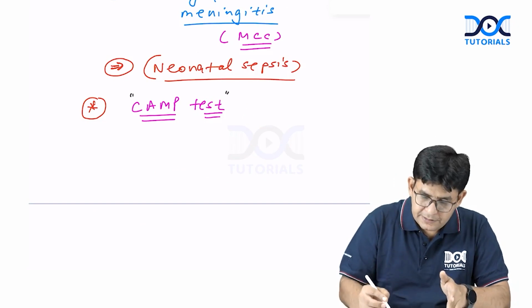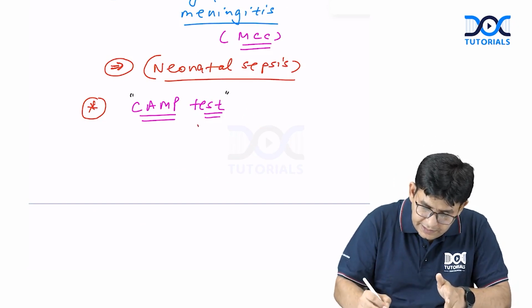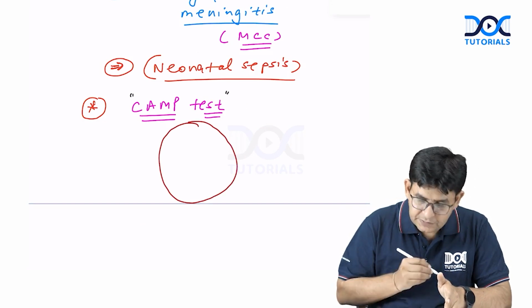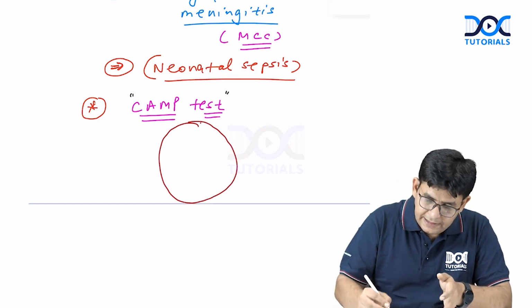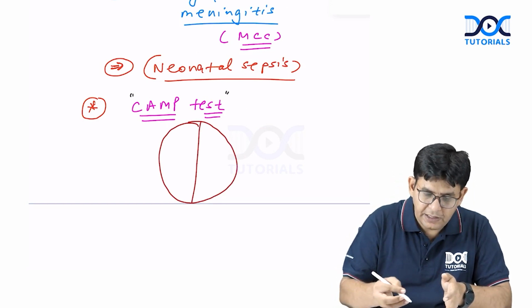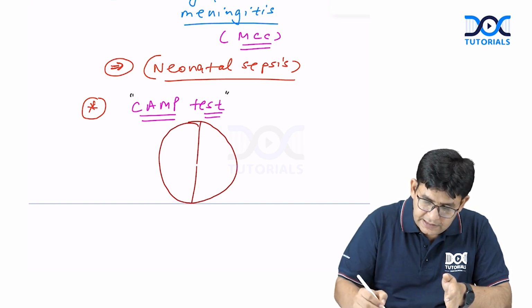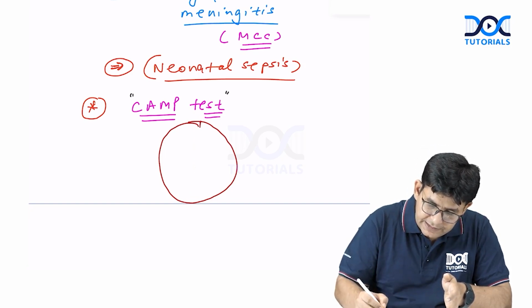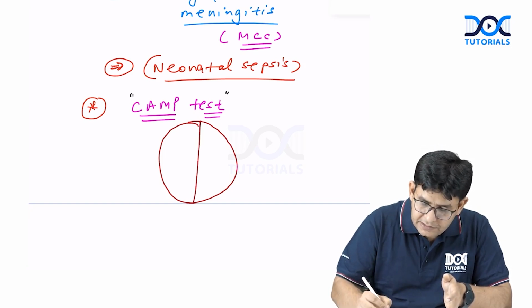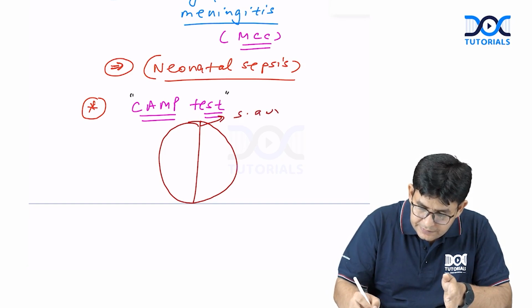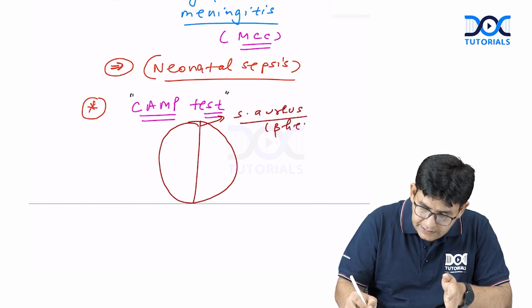So now talking about the CAMP test, what is the CAMP test? Suppose you take blood agar, and in the center you have done a streak of Staph aureus. And as you know, Staph aureus is beta hemolytic.